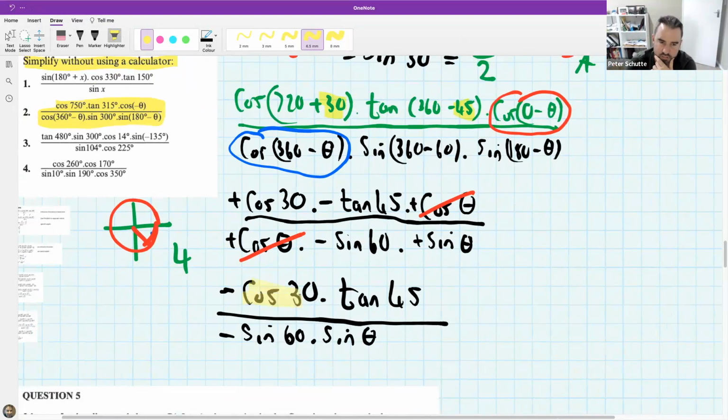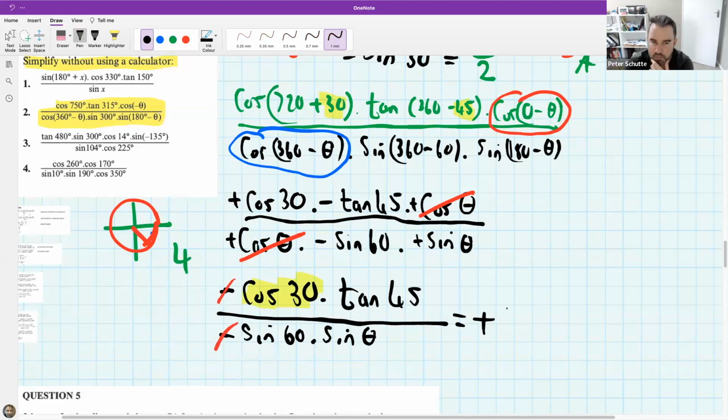look at these two over here. The cos of 30 and the sine of 60 are actually connected. And in fact, before I do that, I'm going to say, look, there's a negative over a negative. And what does a negative over a negative give you? It gives you a positive. So I'm almost going to cancel those two out.